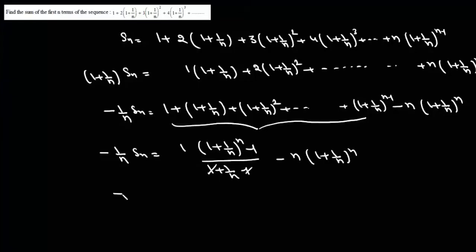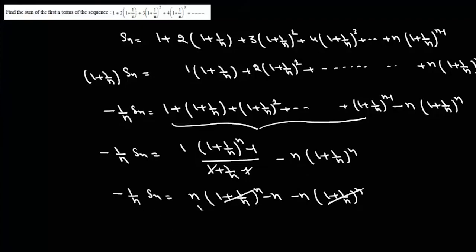So we'll get this as minus 1 by n Sn, and here it will be n (1 plus 1 by n) whole to the power n minus n, and then minus n into (1 plus 1 by n) whole to the power n. Now it will cancel. Now we'll take this minus n on the right hand side. We'll get this Sn as n square. So the sum of first n terms of this sequence is n square.